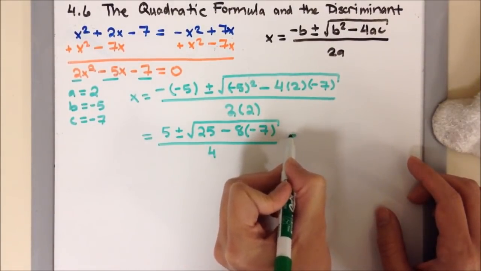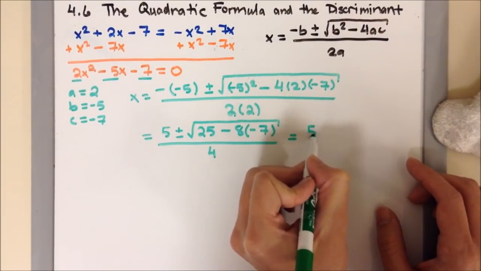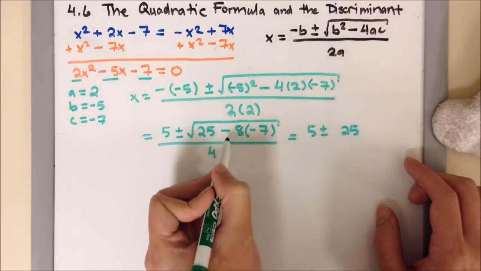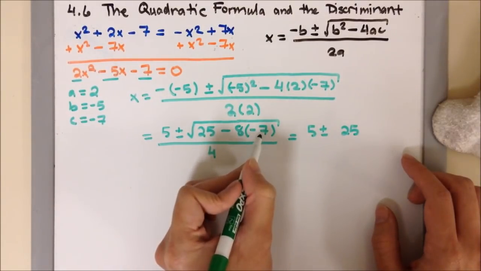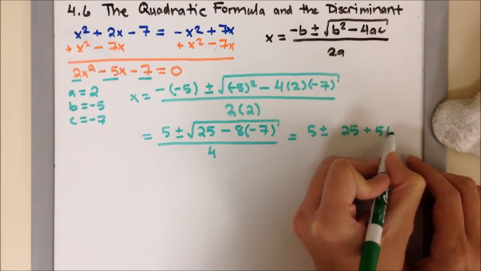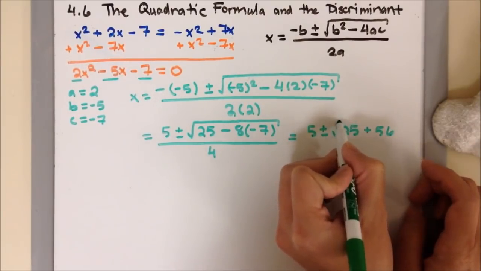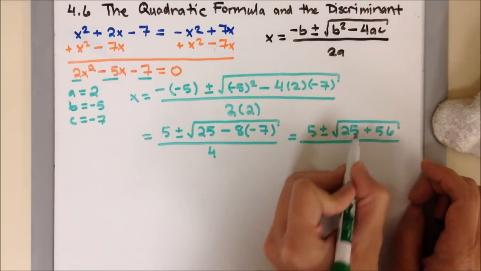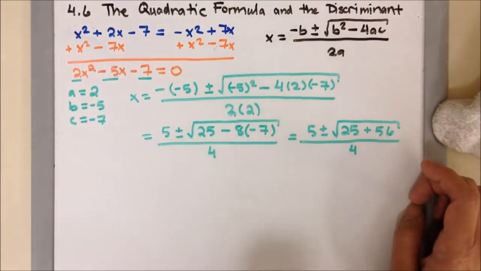And then continuing, so it's going to be 5 plus and minus 25. Now we're going to do negative 8 times negative 7, which will be positive 56 with the square root and then over 4.